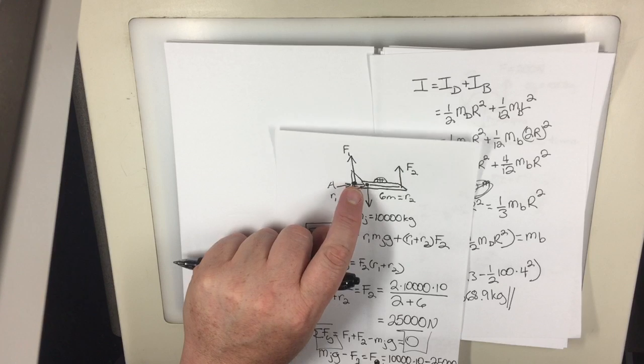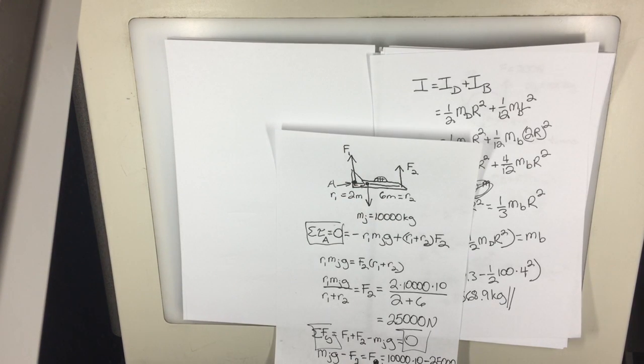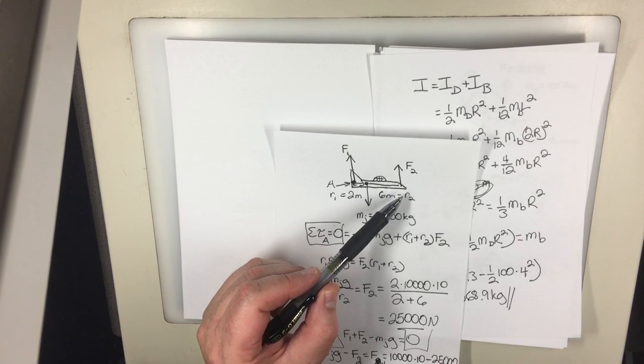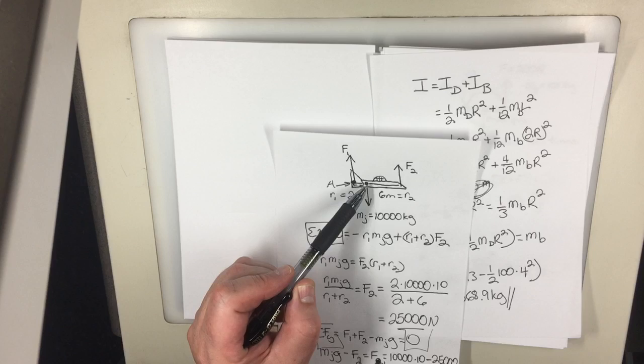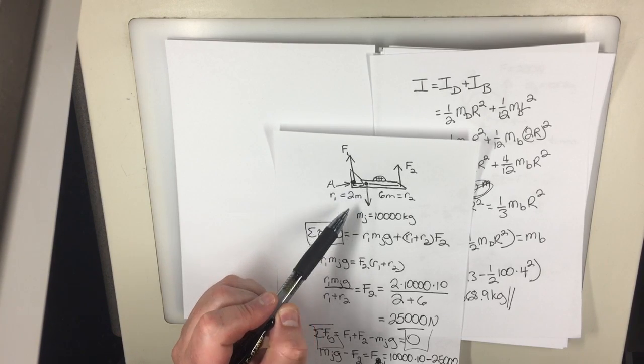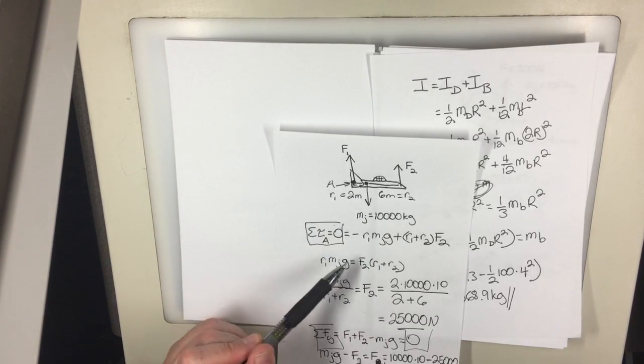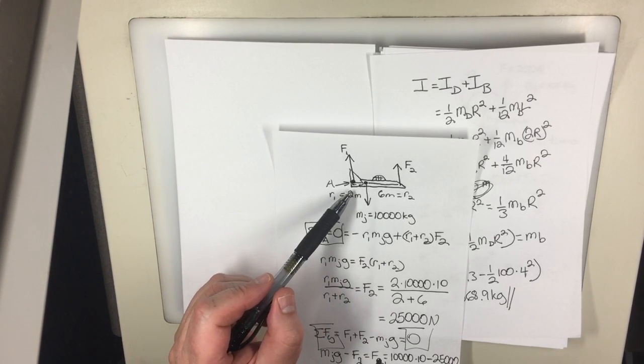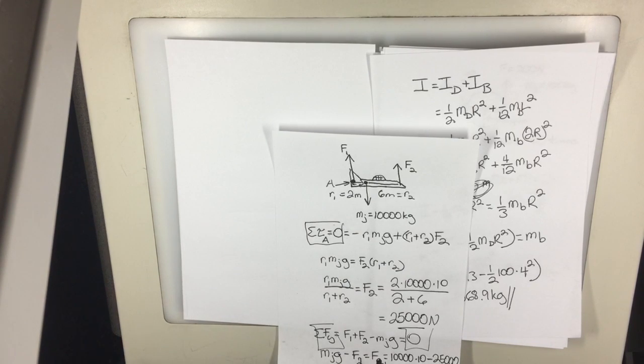Here I chose A as the rotation point, the point directly beneath F1. There are two torques, one from the mass of the jet, the other one from F2. What's the distance from the center of mass to the rotation point? R1. What's the distance from F2 to F1? R1 plus R2. So depending upon where that point is with relationship to the force, those distances could change.